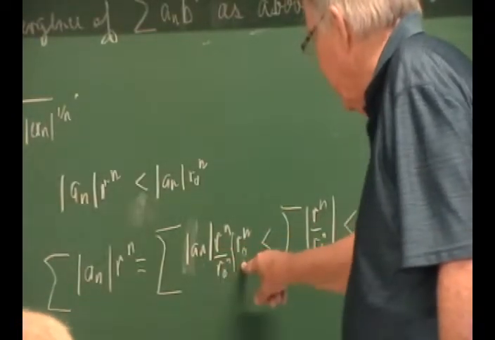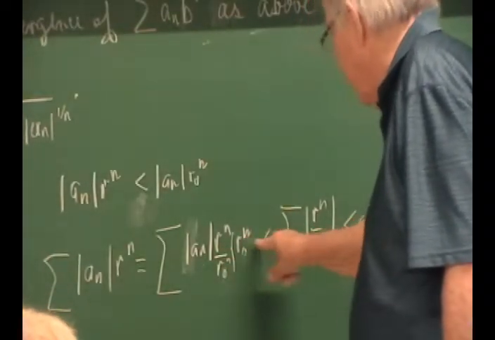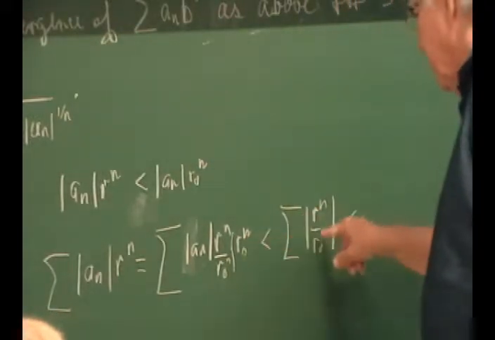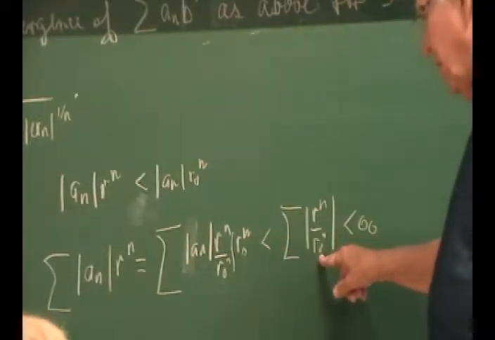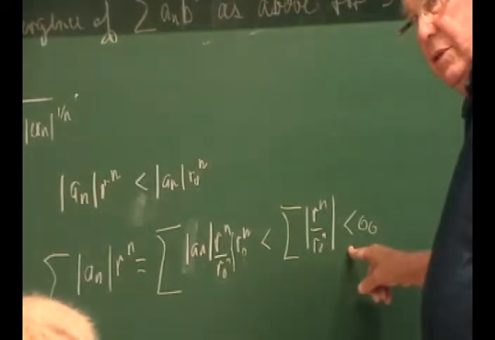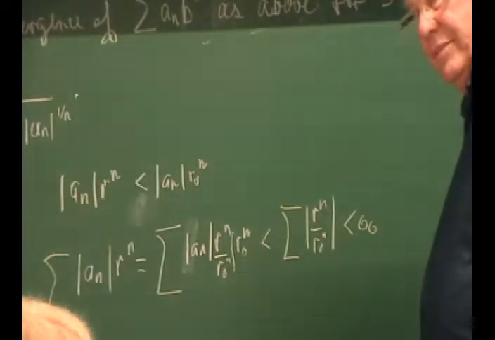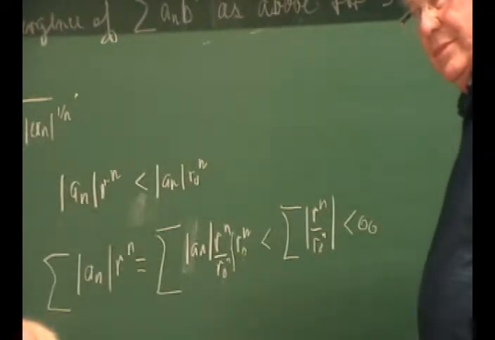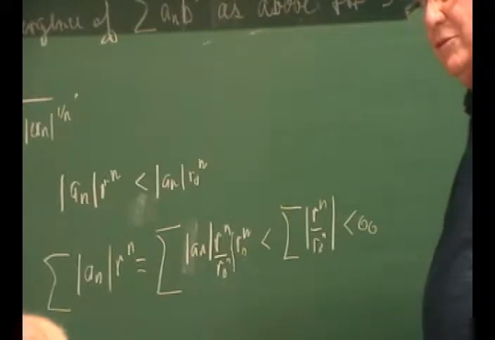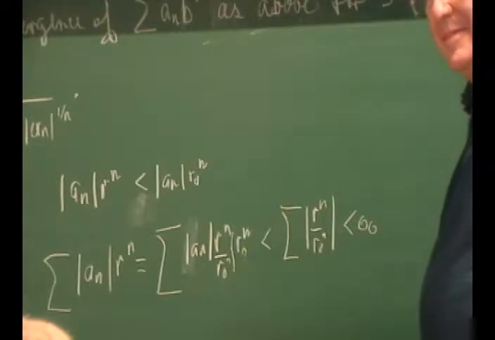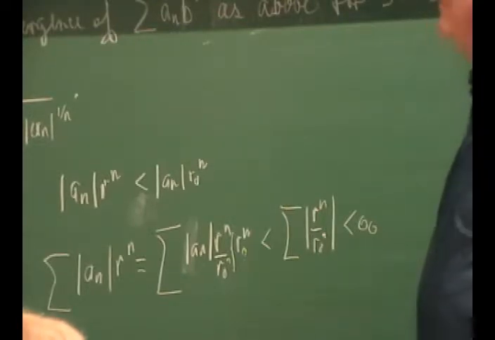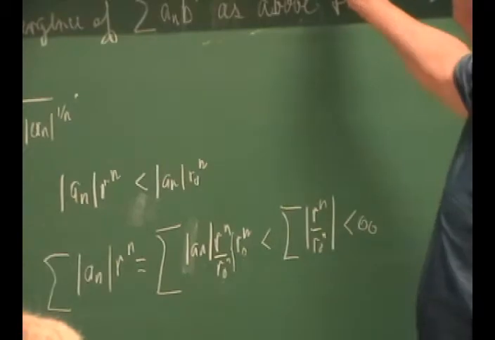This is less than r to the n over R0 to the n, and this is a geometric series. Okay? I see blank faces, so where are you mystified? I hope you're not mystified.